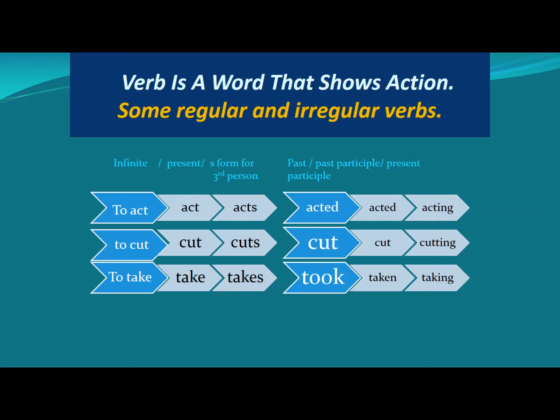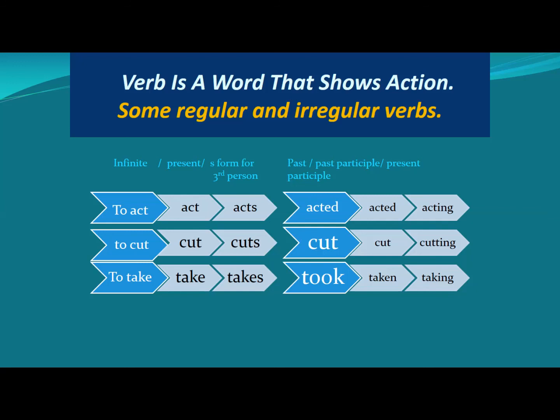In all forms we use cut. Cuts for the third person, cut for the past form, cut for the past participle, and cutting for the present participle, where we have to tell that the work is going on, continuing.